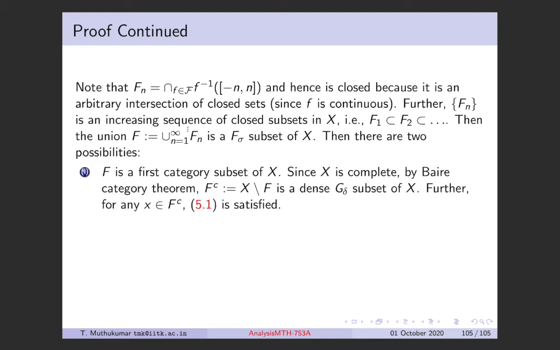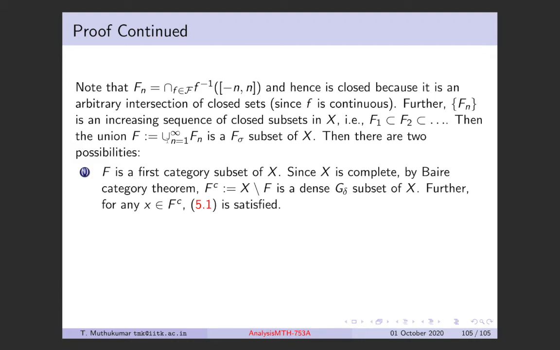F is the union of all Fn. Fn is the set which is bounded by n. So the union of all that is bounded by all possible n's, right? For each, the union over that.